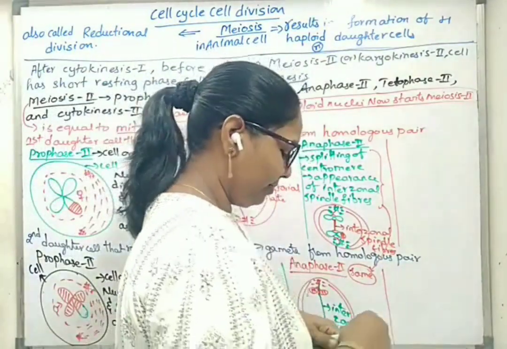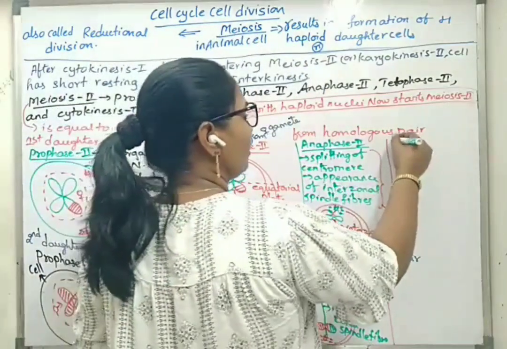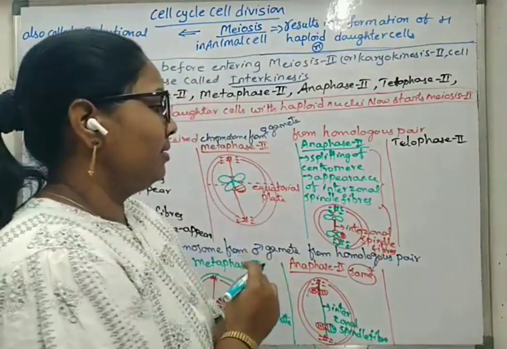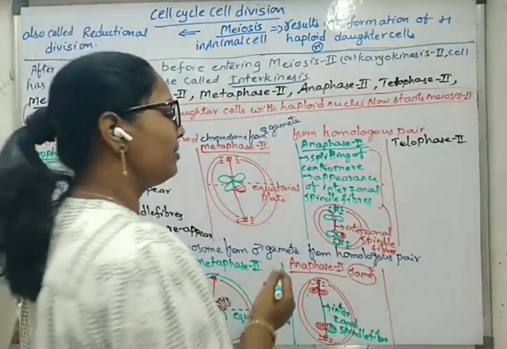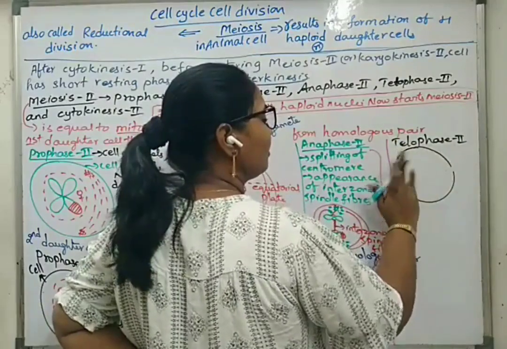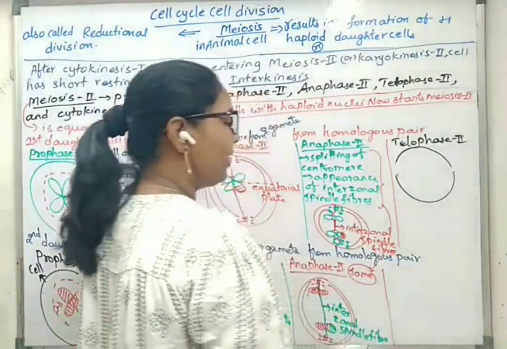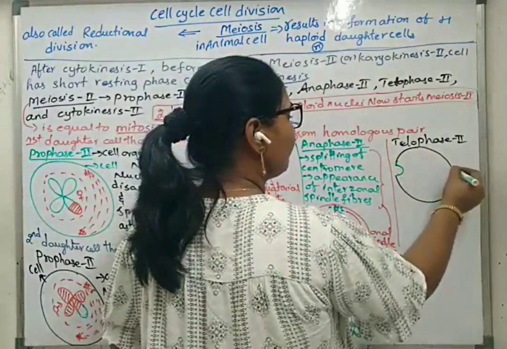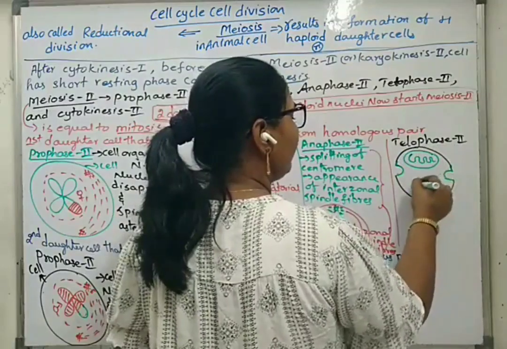Next will be telophase 2. So at the end of anaphase 2, the invagination, meaning the cytokinesis, starts. By the time of telophase, the chromatids which have moved to opposite poles during anaphase 2 will now get decondensed into chromatin, which is surrounded by nuclear membranes.